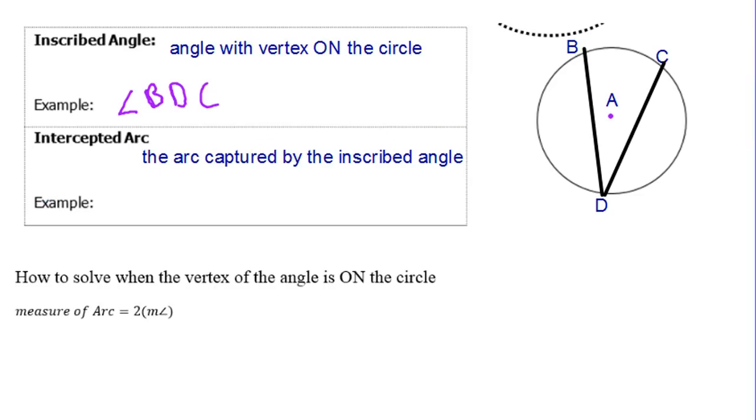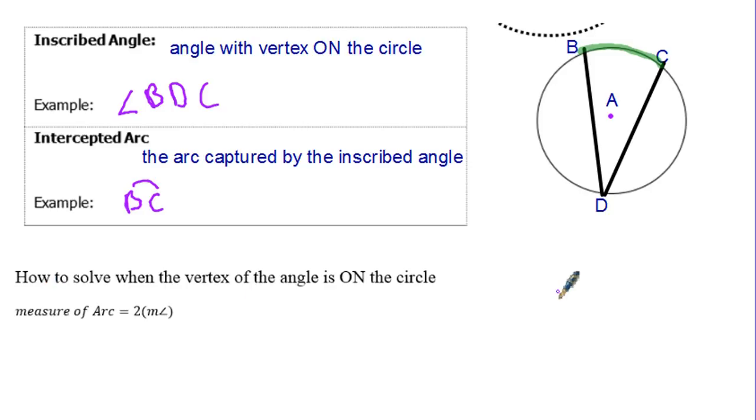Think of this as the ice cream cone: if this is the cone, where's your ice cream? Well, the ice cream goes up here. And so the intercepted arc of angle BDC is going to be arc BC.